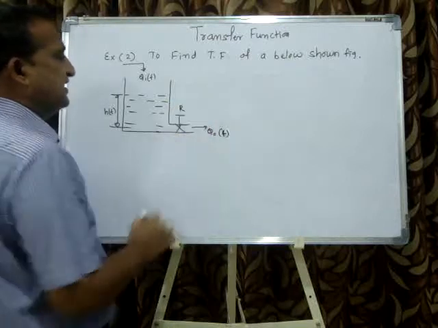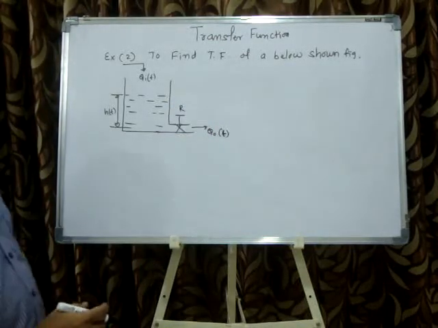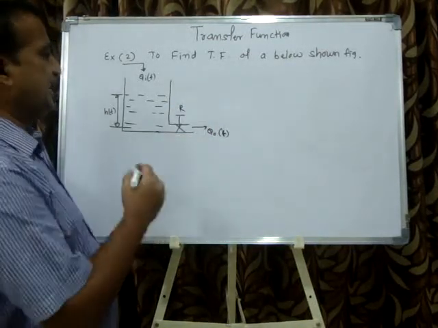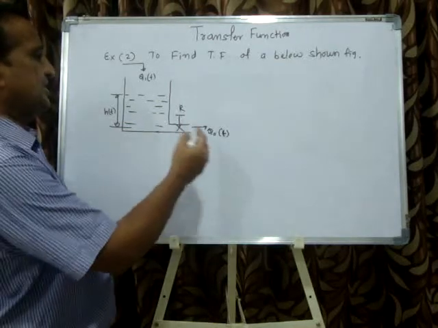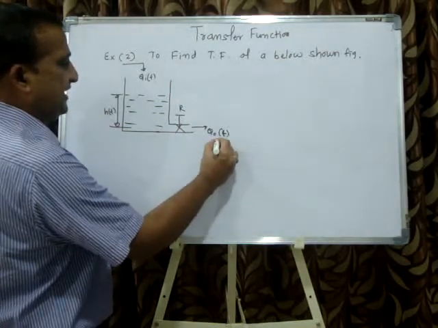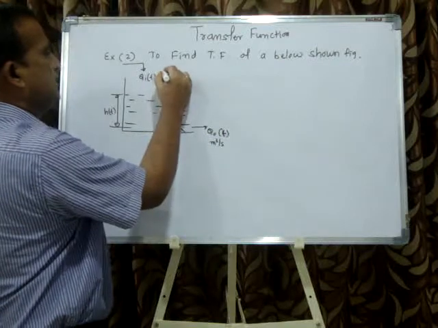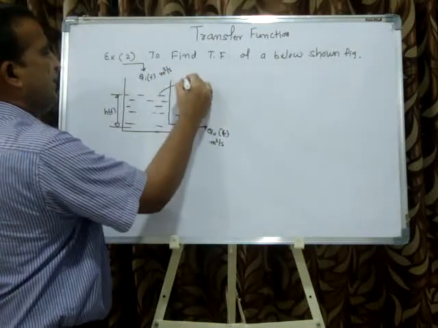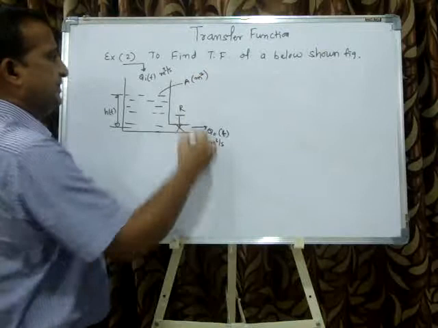And R is the resistance at the wall. Maybe minor loss, major loss, friction loss, resistance at the wall, or R. Q0 is the discharge in meter cube per second, and inlet discharge is also meter cube per second. A is the area of cross section of the tank.